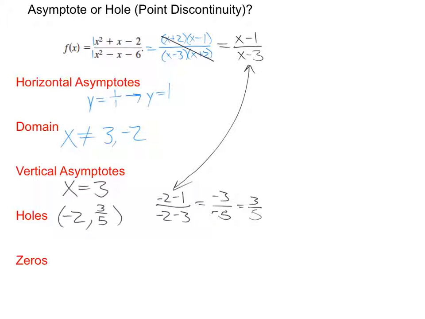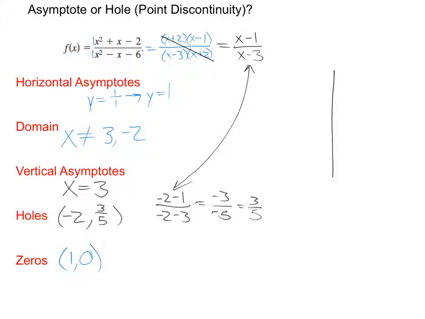In order for a fraction to equal 0, what has to be 0? The numerator has to be 0, right? You have to have 0 over something. So 1 minus 1 would be 0. So that means I have a zero at the point (1, 0). Identifying that makes it easier to graph. It gives us a point to graph.